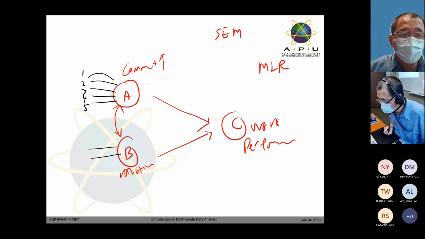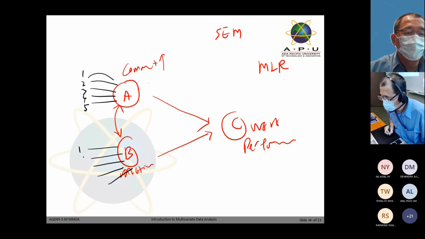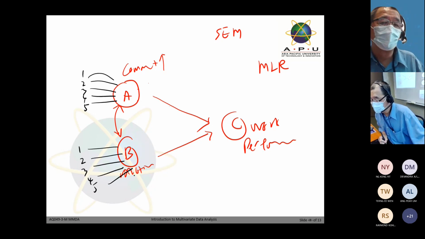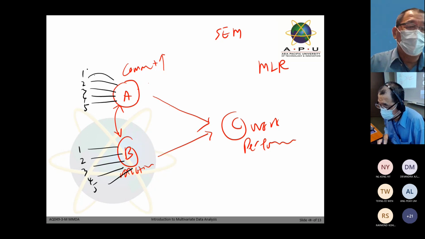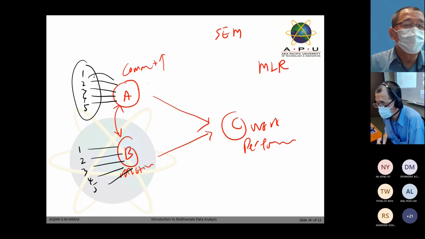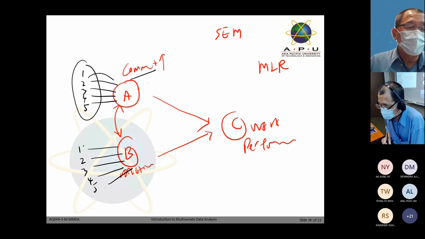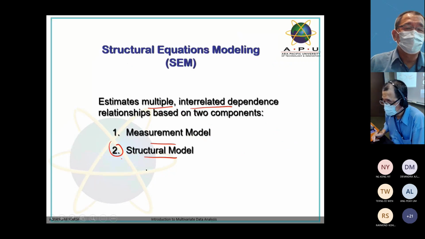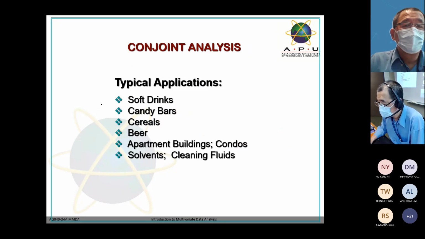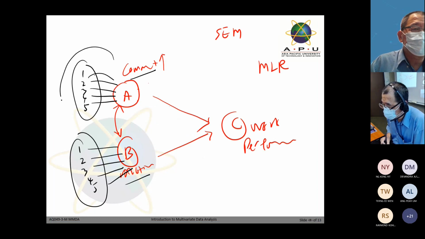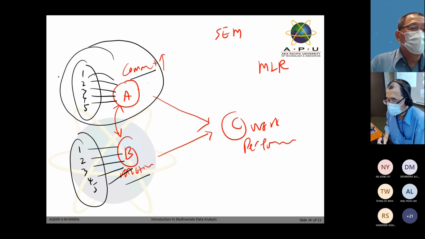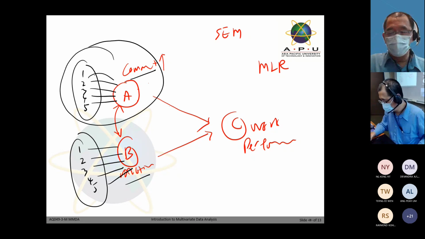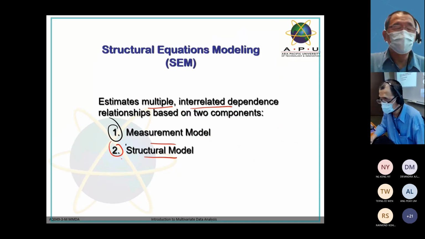Here can be also another 5 items for us to measure the motivation of the employee. Therefore, these 5 items are used to measure the commitment, and these 5 are used to measure the motivation of the employee. Therefore, it's considered the measurement model. If you see only this part, it is the measurement model, how you use the 5 items to measure the commitment of the employee. Everything actually is SEM, the structural equation modeling.